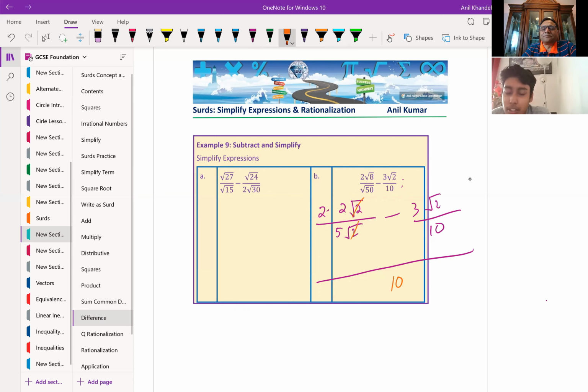So we take 10 as a common denominator and simplify it, correct? Okay. So that is how you could do it, right?